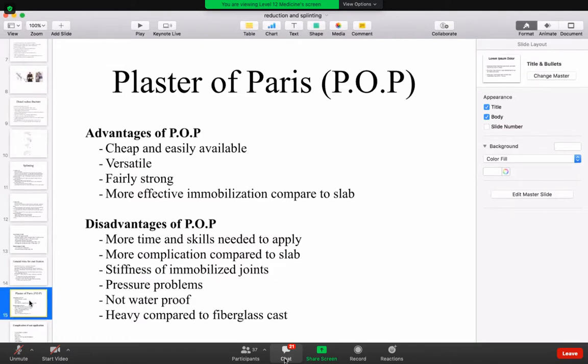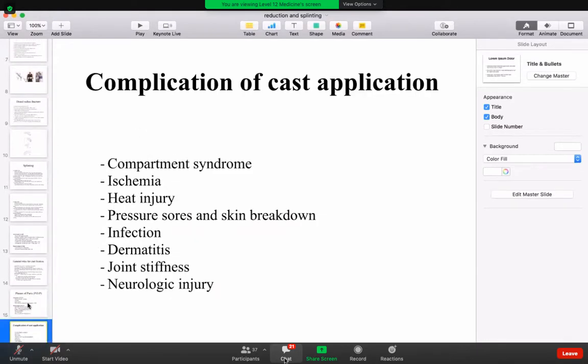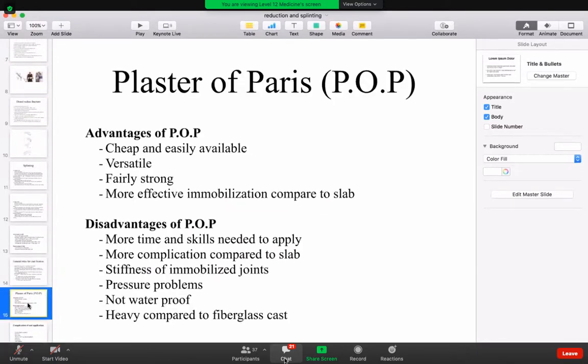So, in terms of the material, there is plaster of Paris, which is gypsum, and there is fiberglass cast or fiberglass material. Plaster of Paris, the advantage is it's cheap, easily available, versatile.